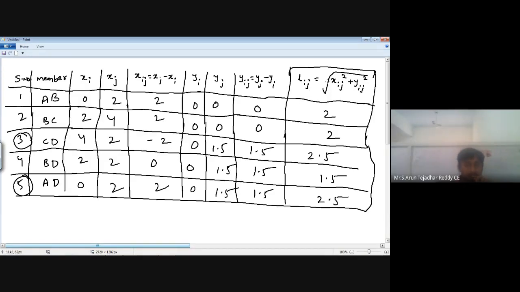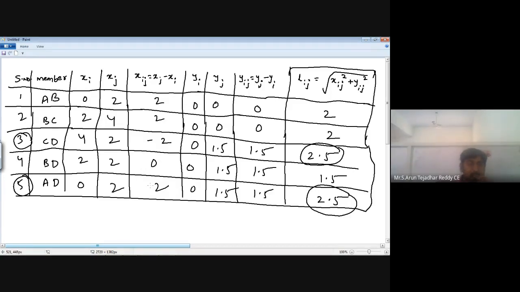By using the Pythagoras theorem, Lij is equal to root of xij square plus yij square, we got 2.5 and 2.5. CD length is 2.5 meter. AD length is 2.5 meter.